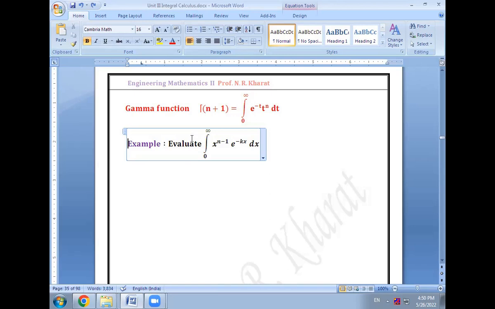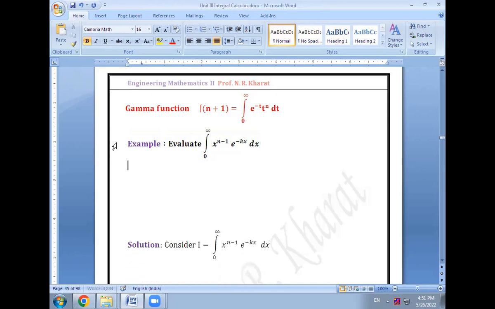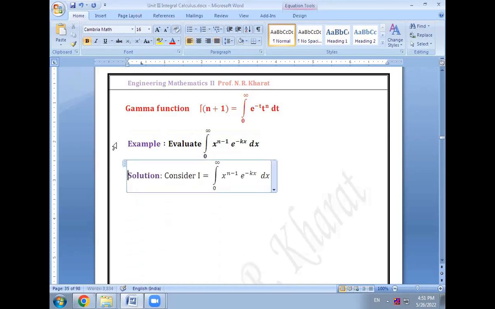Evaluate integration from 0 to infinity x raised to n minus 1 e raised to minus kx. So we have to first assume the given particular example is equal to some letter, I. So I equal to integration 0 to infinity x raised to n minus 1 e raised to minus kx.